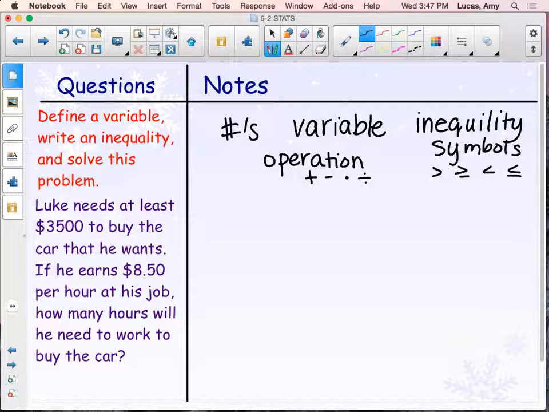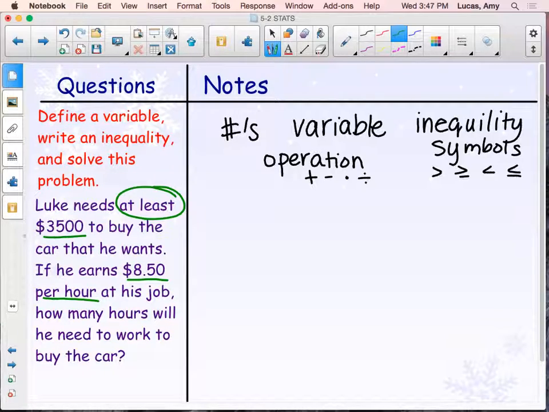Something like that. Okay, so Luke needs at least $3,500 to buy the car that he wants. If he earns $8.50 per hour at his job, how many hours will he need to work to buy the car? So he makes $8.50 per hour.